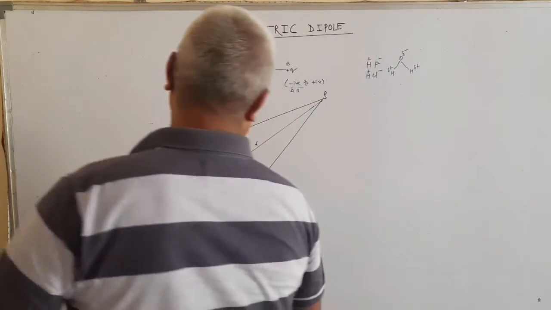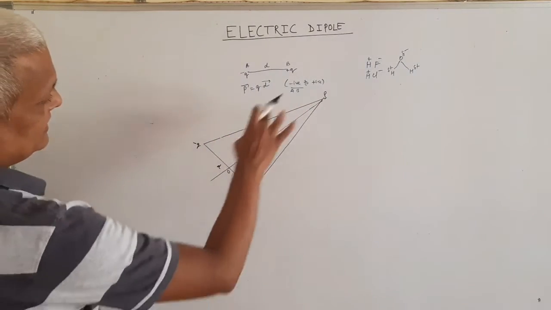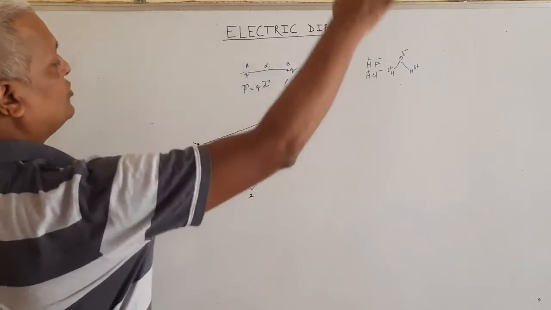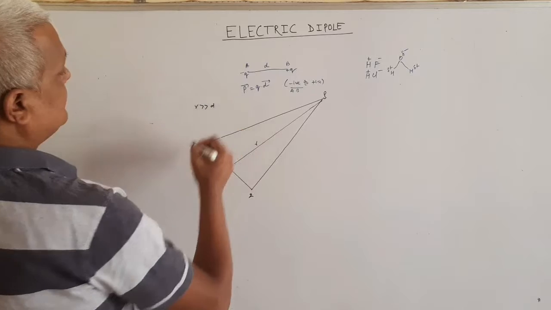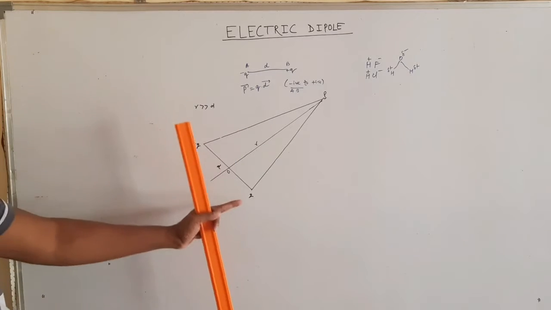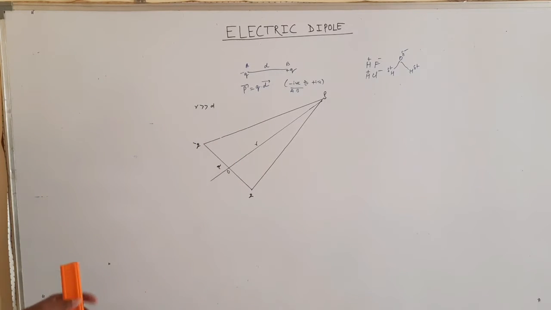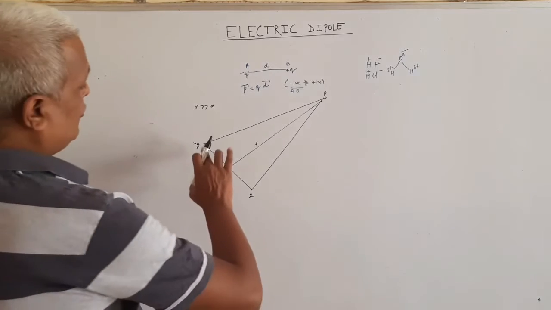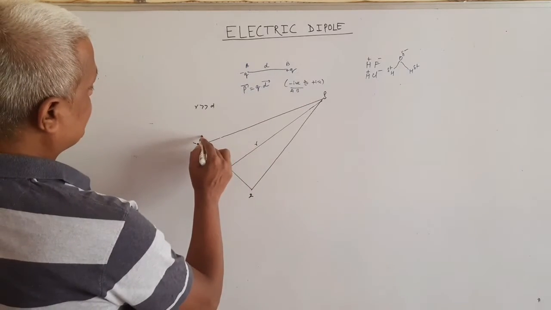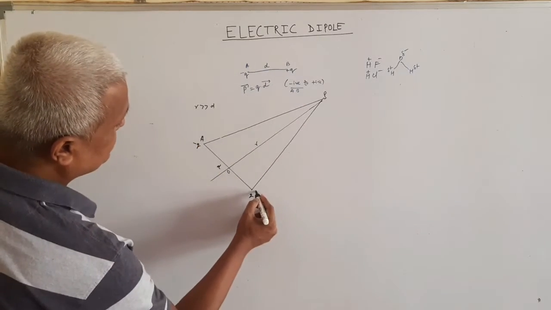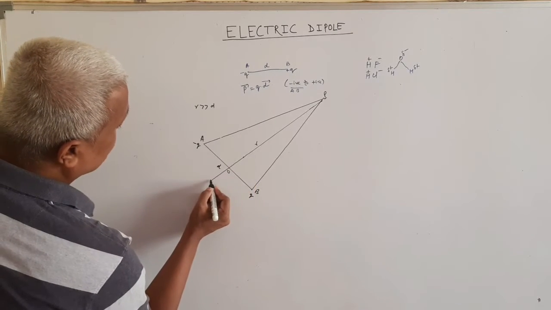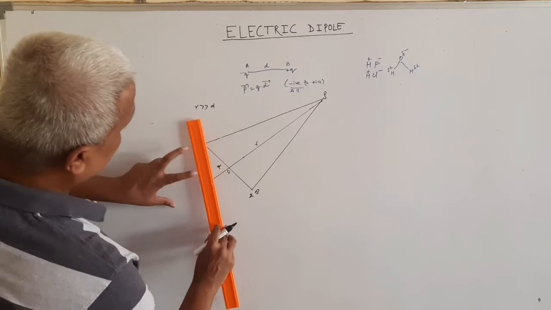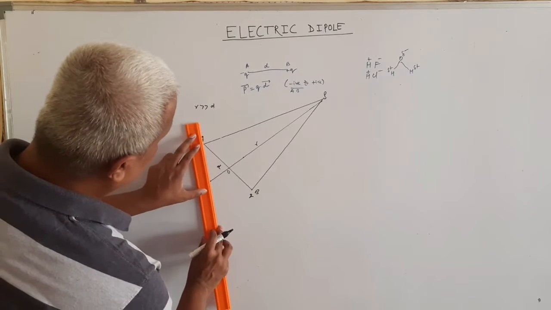Now, we are considering P so far away that R is much greater than the distance D. Suppose this is PA and this is PB. We have to choose two points so that they come in a straight line, so this is a geometrical construct.